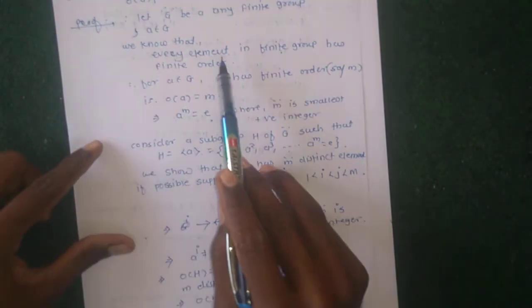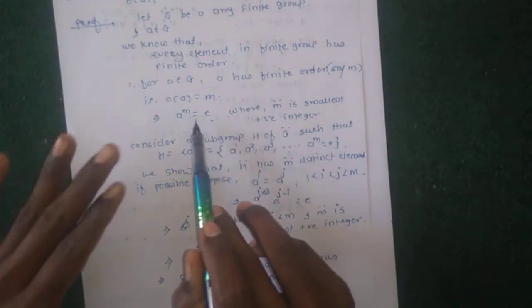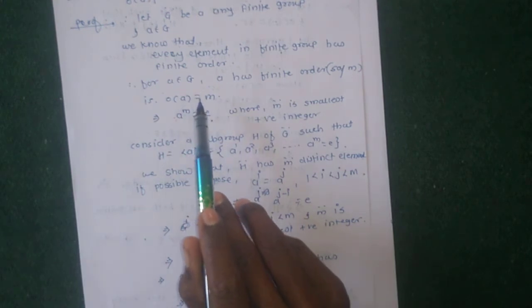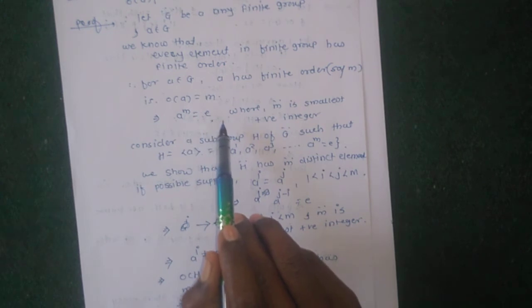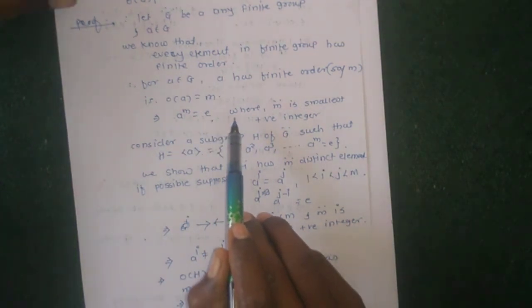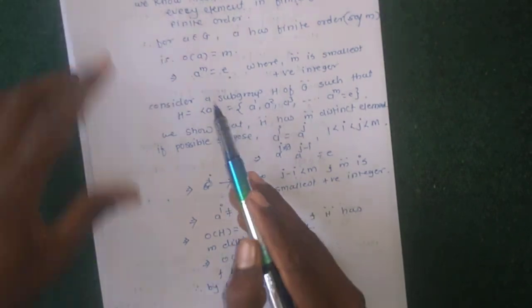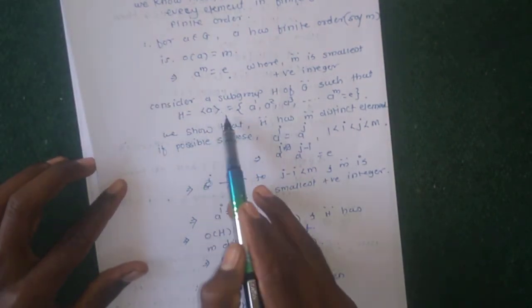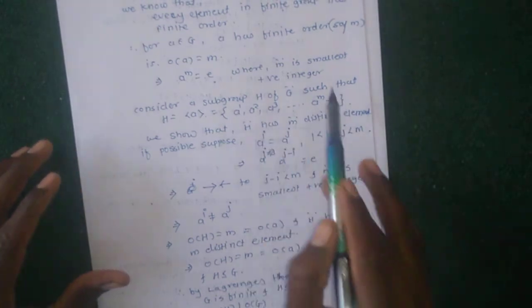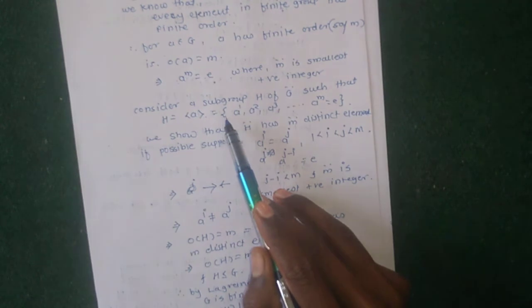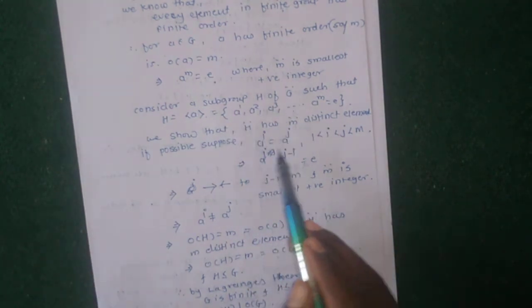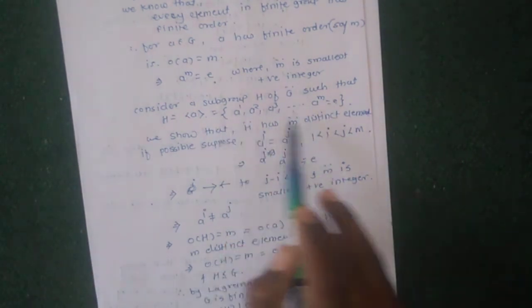Here G is finite, given, and consider any element which has finite order. Suppose a is any element from G and its order is m, which implies that a raised to m equals identity. Consider the subgroup H of G generated by a, which has m distinct elements. So the order of H equals the order of a. We only need to show these elements are all distinct.